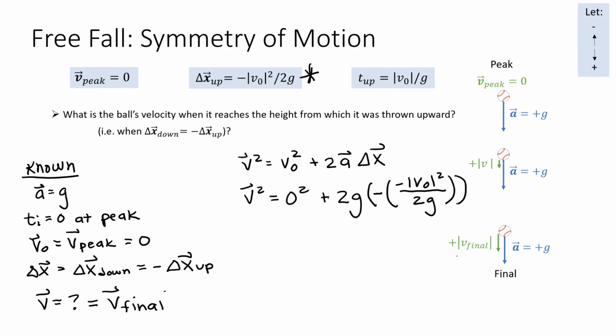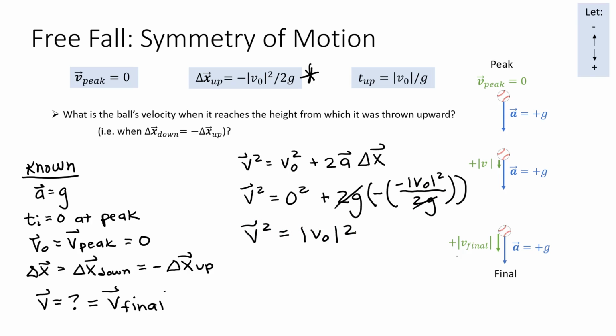Okay, so I have a minus sign multiplied by a minus sign that gives me a plus sign, and so I have 2g times v naught squared divided by 2g. 2g divided by 2g, those two cancel. And so what am I left with? I just have v squared is equal to the magnitude of v naught squared.